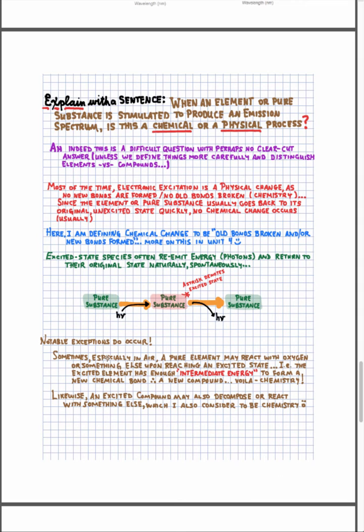Sometimes in cartoons, in diagrams, we'll say pure substance, whatever it is, you excite it with some h nu, some photons, and I get the same pure substance, but some of its electrons have been bumped up to an excited state, and that little asterisk denotes an excited state.